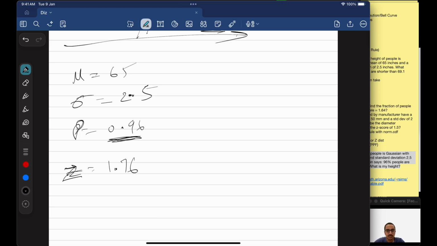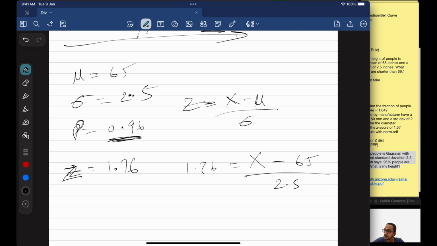Now all we have to do is substitute these values into the z-score formula. This is z equal to x minus mu by sigma. Our z-score is 1.76, x is what we are trying to find, minus mu, which is 65, by sigma, which is 2.5.